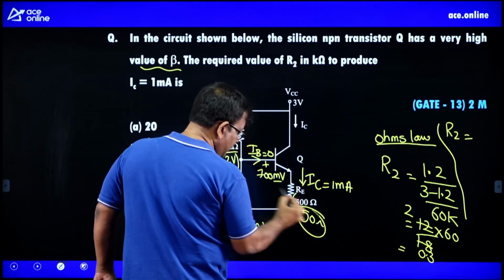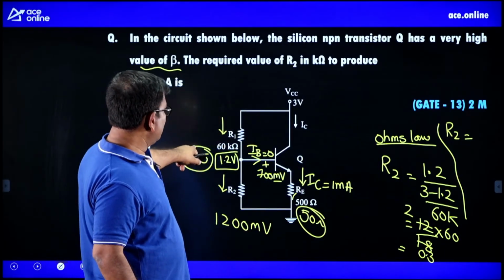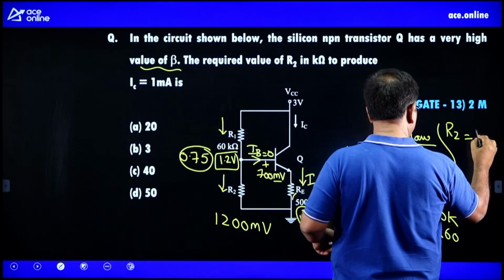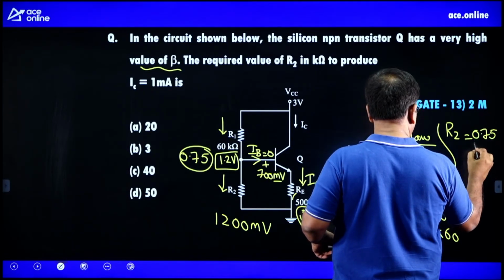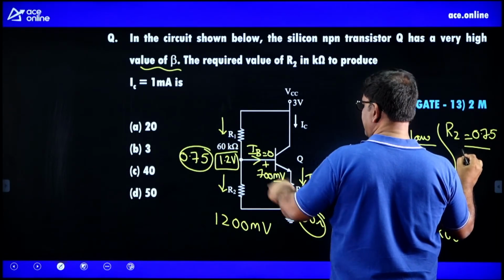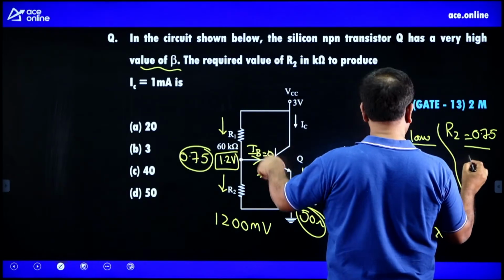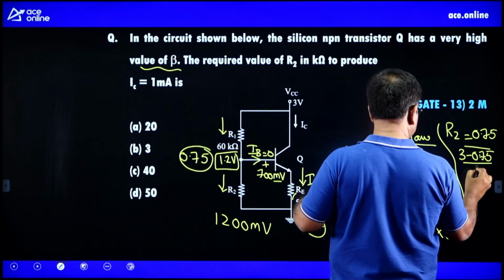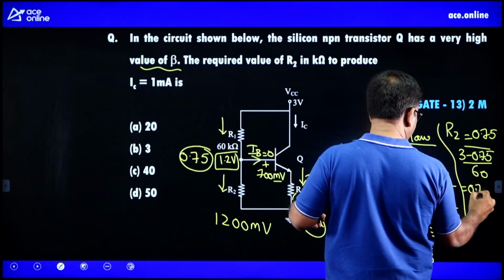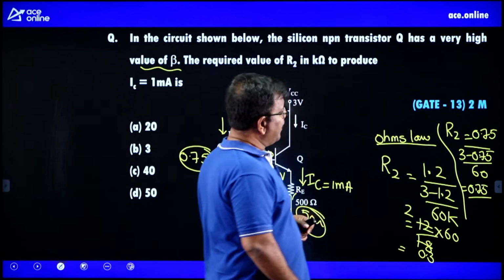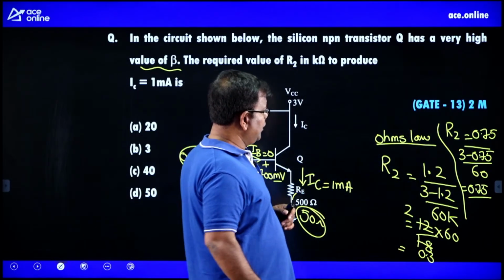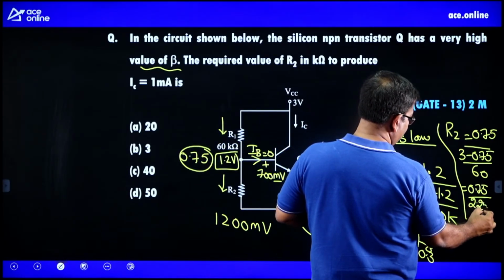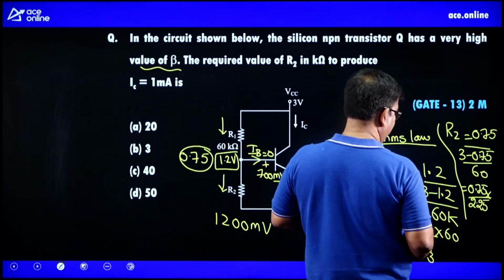So let me try now. R2 is the voltage, 0.75, by current, (3 minus 0.75) divided by 60. So it is 0.75 divided by 2.25 into 60.